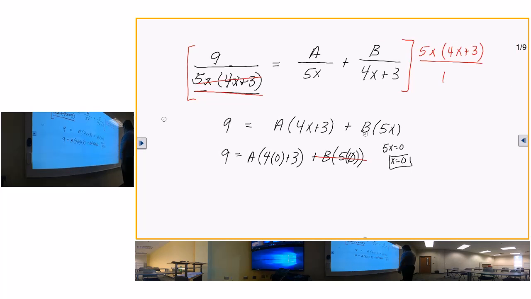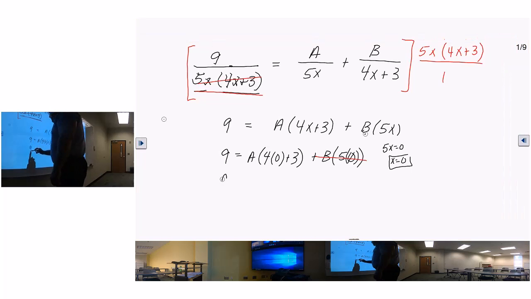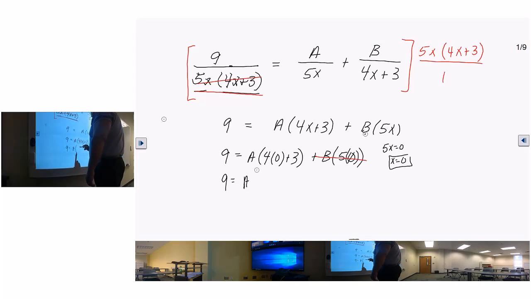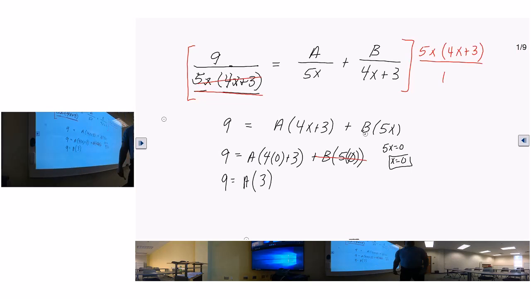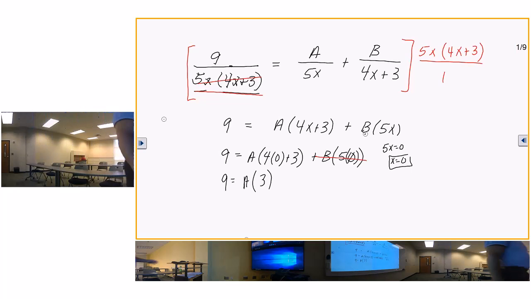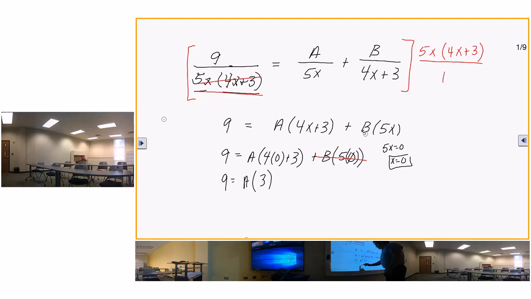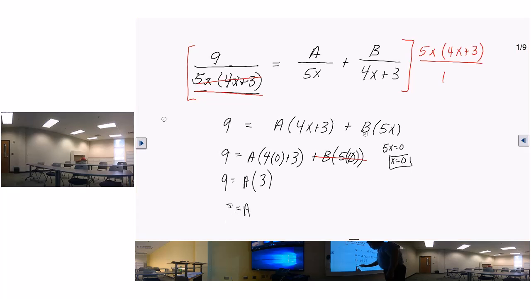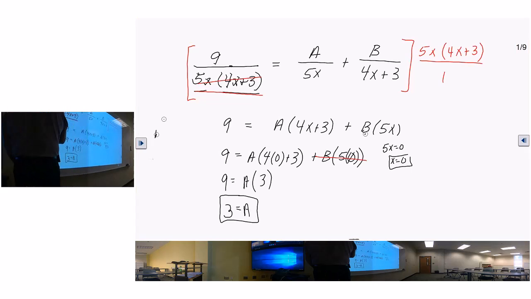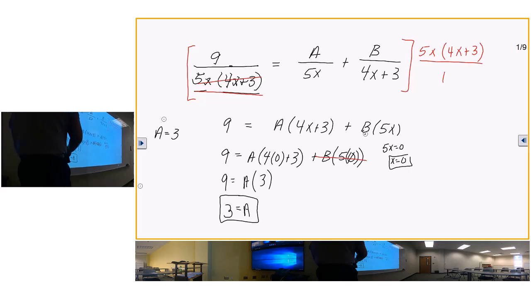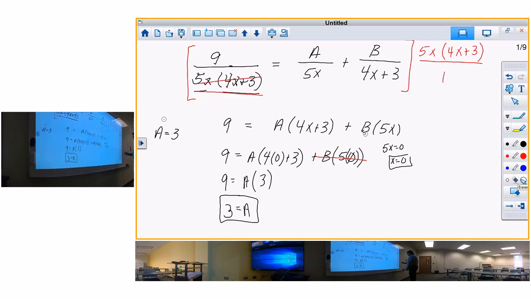And now you're left with 9 is equal to A times 4 times 0 is 0 plus 3. That's 3. Sorry about that. And A is equal to 3. I'm going to put over here to the side A is equal to 3.